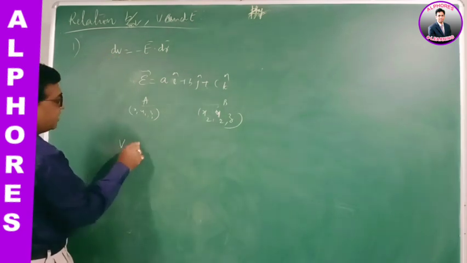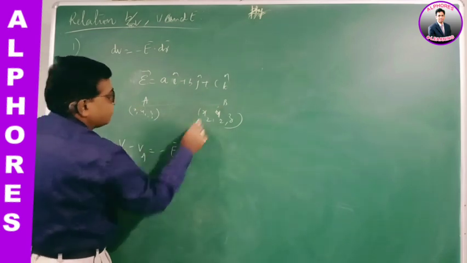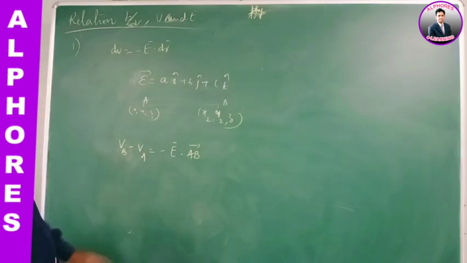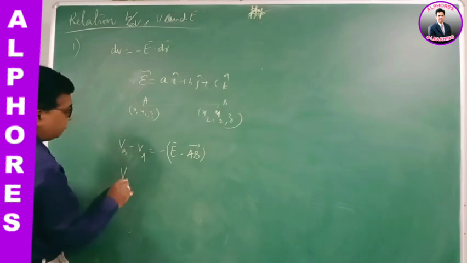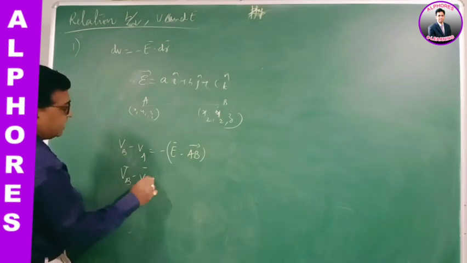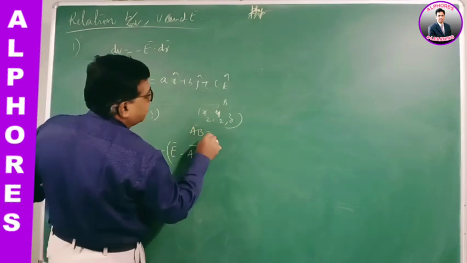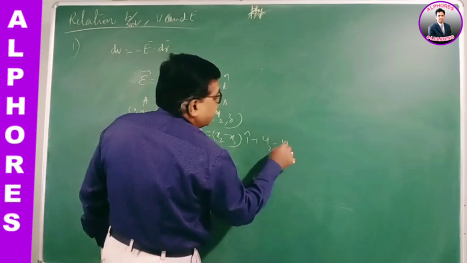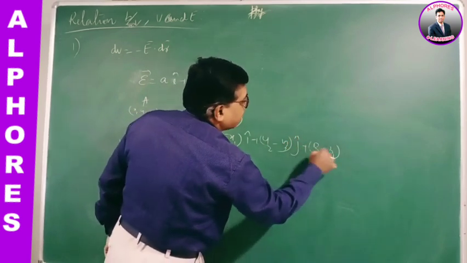V final minus V initial is minus E bar dot the displacement vector AB bar. So VB minus VA is equal to minus E dot AB bar. AB bar, from vectors we know, is x2 minus x1 i cap plus y2 minus y1 j cap plus z2 minus z1 k cap.